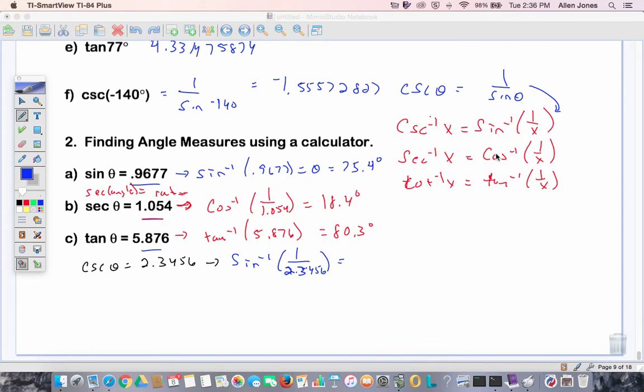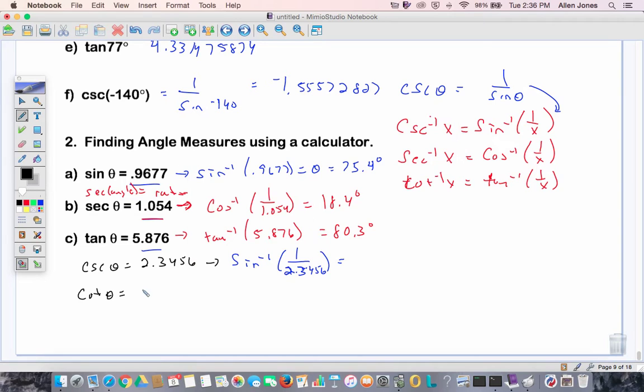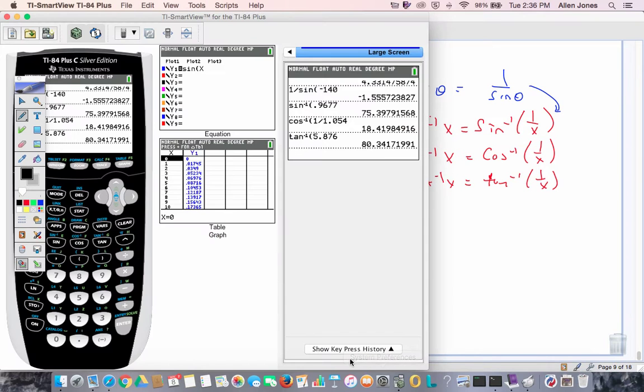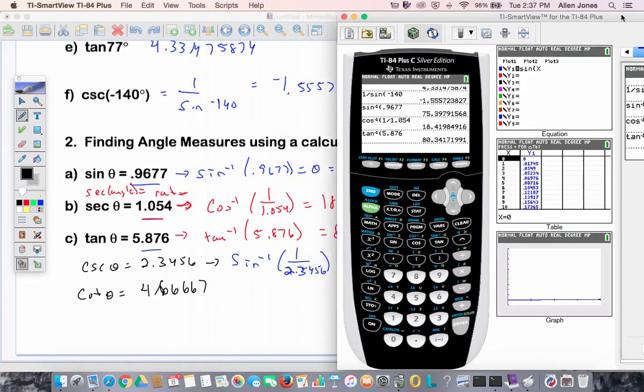Suddenly my calculator has stopped working. So be patient here while I open this thing back up. While I'm waiting for that to open, I'm going to go ahead and make up another equation, and we'll do that in just a second. So the cotangent of theta equals 4.66667. Okay, so let's see if our calculator is getting close, which it is.